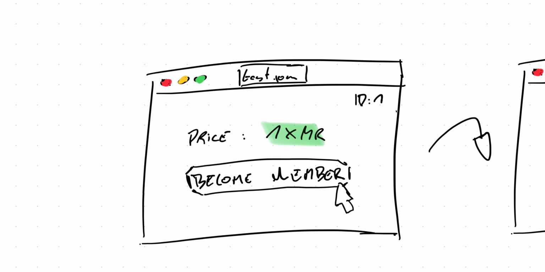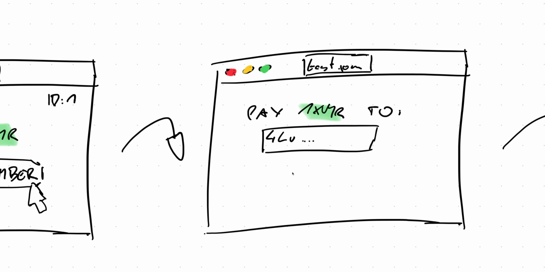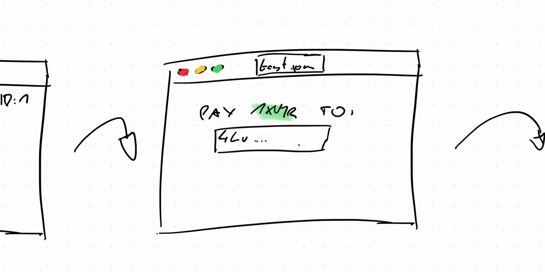So a customer visits your site and he sees a price, has an ID 1 and wants to become a member. He clicks on the button, become member. On the next screen he will see an address and a text that says, okay, if you want to become a member, pay 1 Monero to this address.